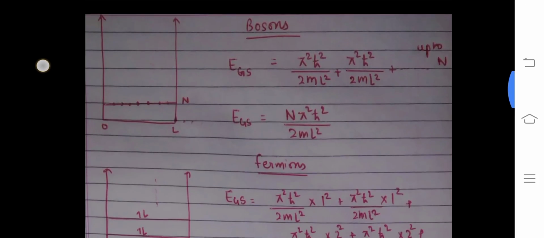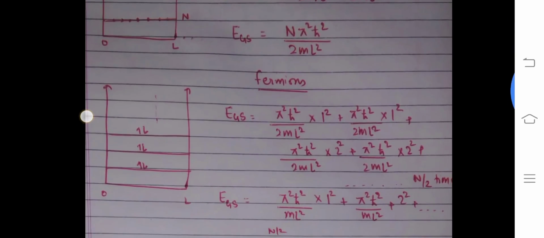If we talk about bosons, then no Pauli exclusion principle will be applied. So definitely all of the n particles will occupy the ground state, and the ground state energy of a boson is pi square h bar square by 2 m L square, and adding up n particles we get n pi square h bar square by 2 m L square.